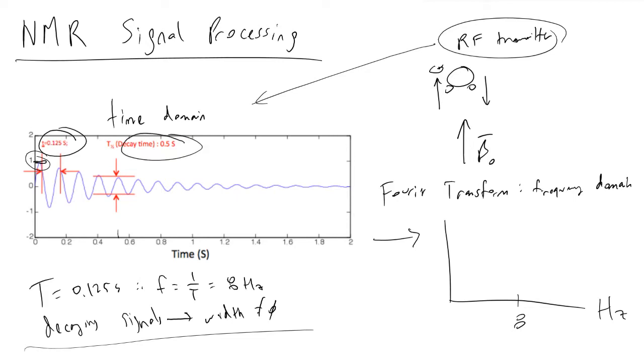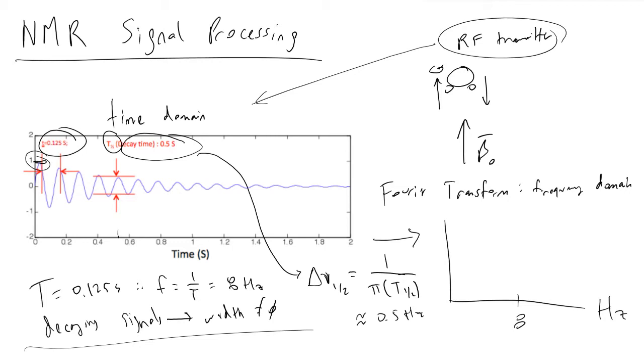And so what we're going to do is we turn to an equation, and this is delta nu 1/2 is equal to 1 over pi times t 1/2, where t 1/2 is this decay time that we just analyzed. So we're going to plug this into this equation, and if we evaluate it, we find that we'd have a peak width of approximately 0.5 hertz, or 0.6, but you get the idea.